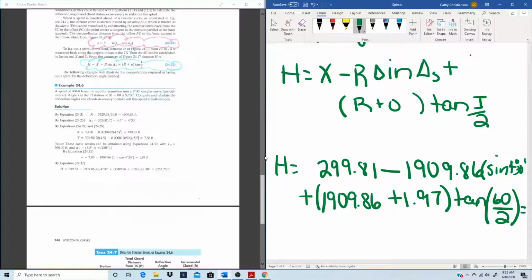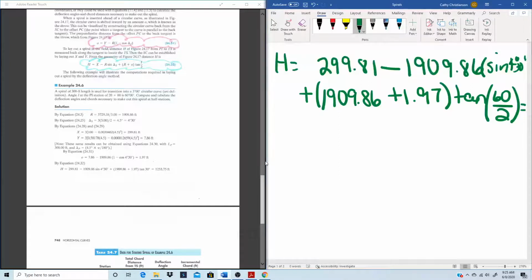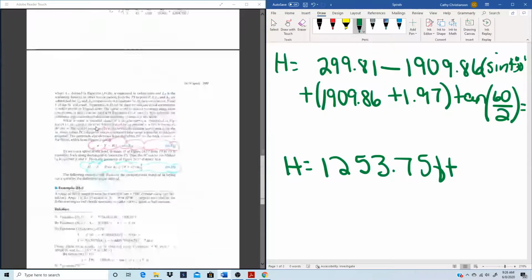That's given. So if you solve for your H using the numbers, you should get 1,253.75 feet.